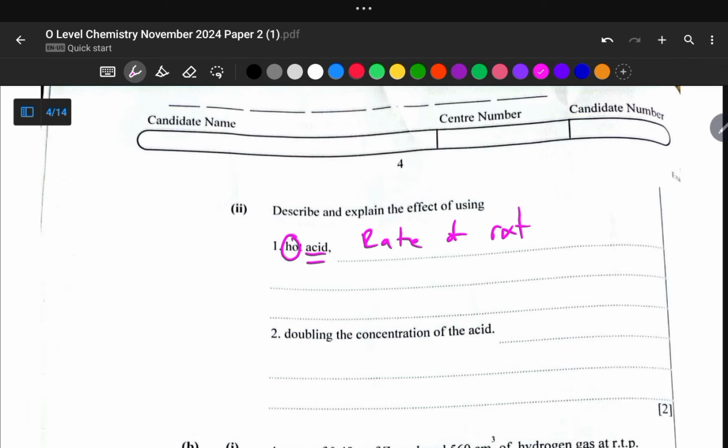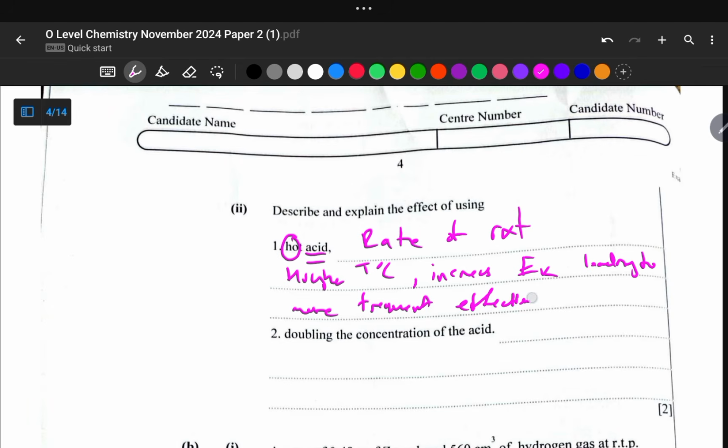Describe and explain. So that's the description. And then the explanation: at higher temperatures there is an increase in kinetic energy of the particles, leading to more frequent effective, energetic collisions, right?